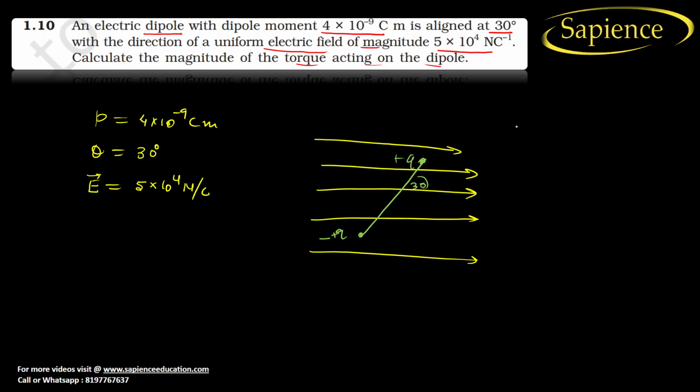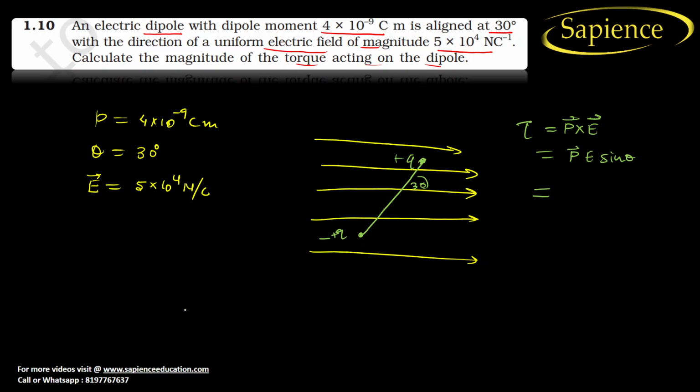If you want to find a torque, torque will be equal to P cross E. So you know this formula. The P cross E is equal to PE sine theta, magnitude of PE sine theta.